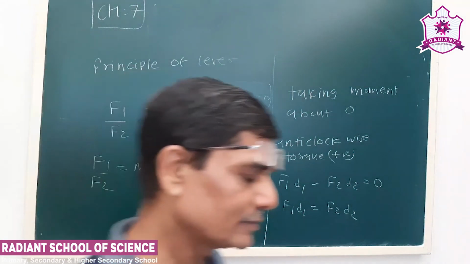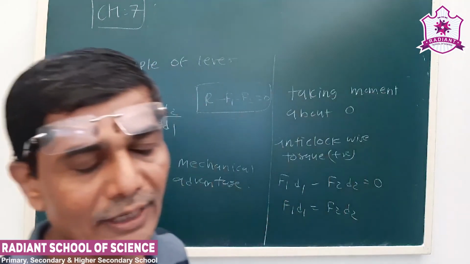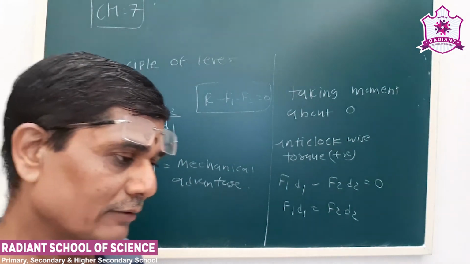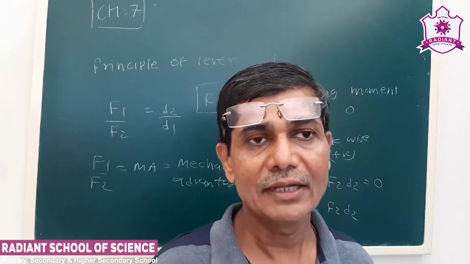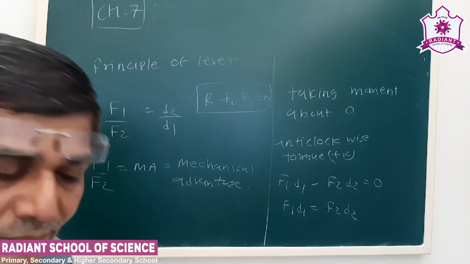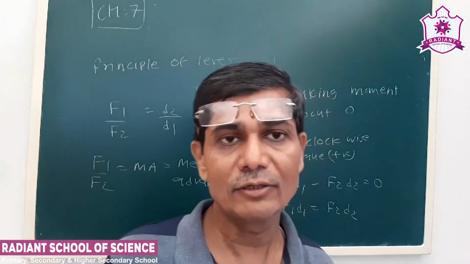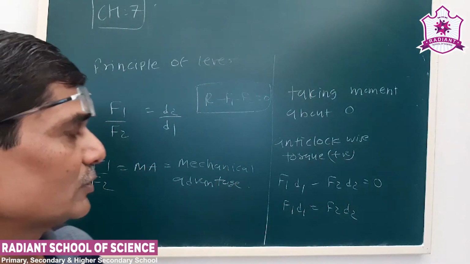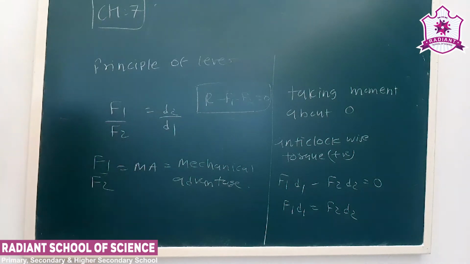Then we derived the relation torque is equal to I alpha, which is analogous to the equation F is equal to ma. Then we discussed the motion of a rigid body rolling without sliding, and derived the equation of velocity of center of mass of a rigid body at the bottom of the slope. We talked about the law of conservation of angular momentum, and finally the principle of levers. Thank you.